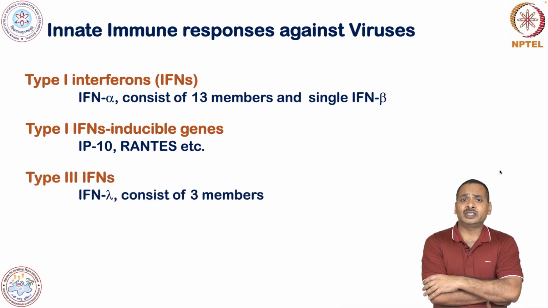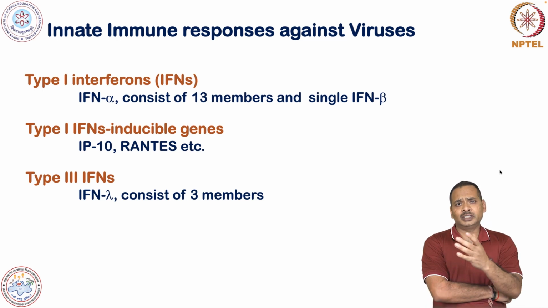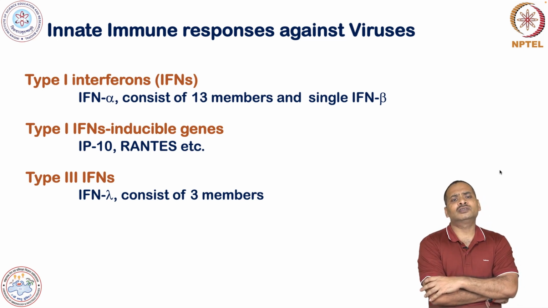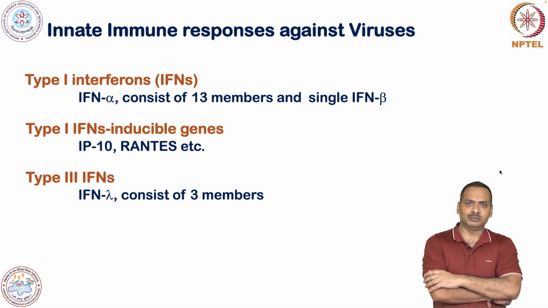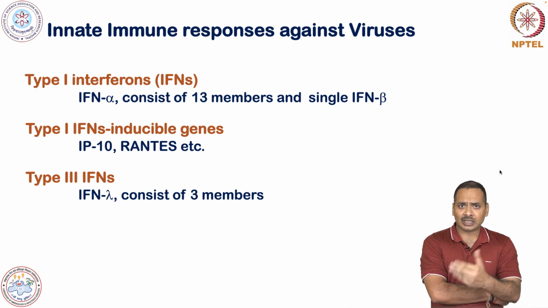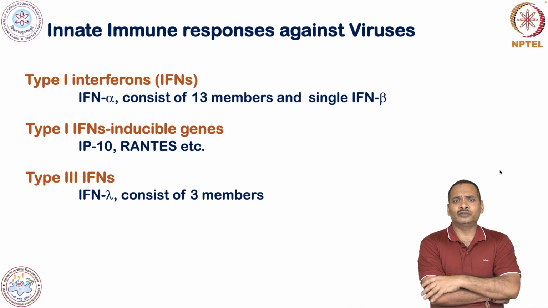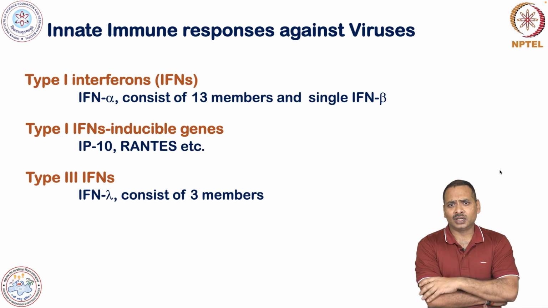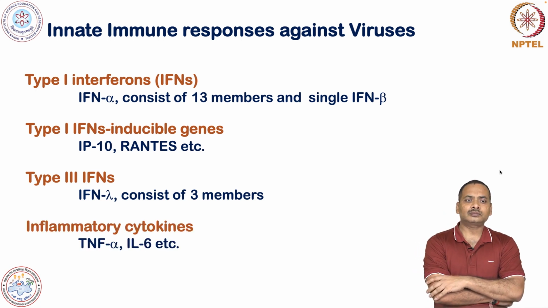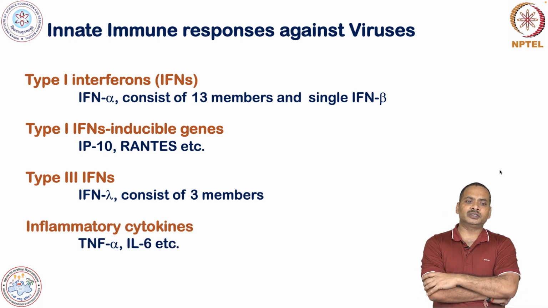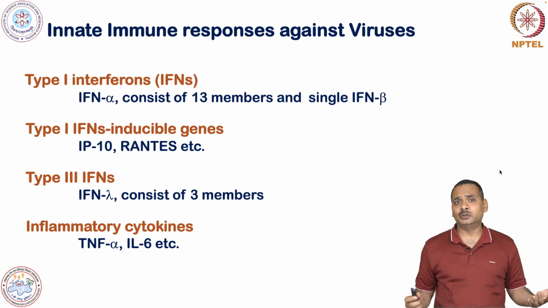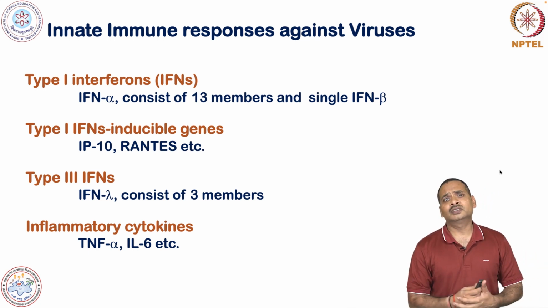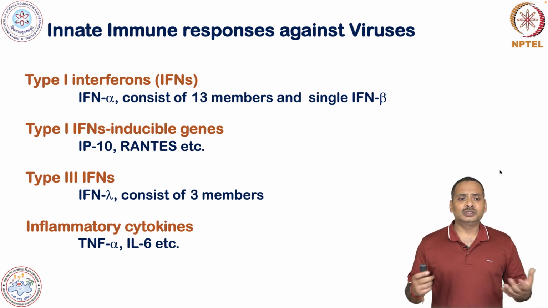There is a type 3 interferon. It consists of interferon lambda, and there are 3 members. They also play a very important role in checking viral replication. Then there are inflammatory cytokines, like TNF, IL-6, IL-1 beta, and so on.